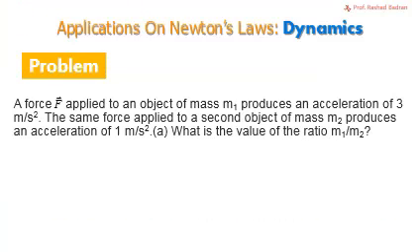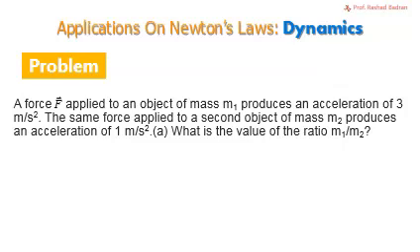A simple application of the concept of inertia, you can find in this problem. Here, a force is applied on a mass m1, and produces an acceleration of 3 meters per second square. When the same force is applied on a second object of mass m2, it gives an acceleration of 1 meter per second square.